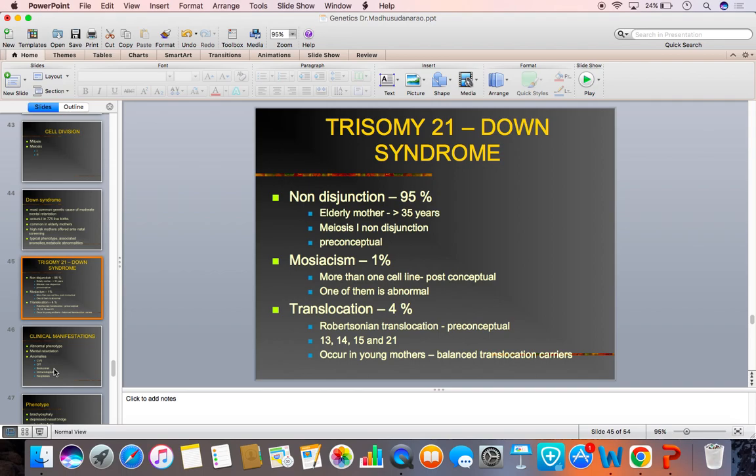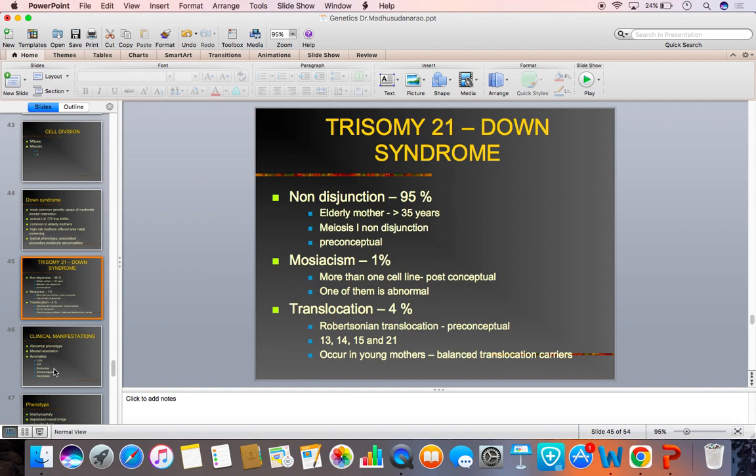As a result of non-disjunction, the ovum receives a normal 21 chromosome and an abnormal 21 chromosome.